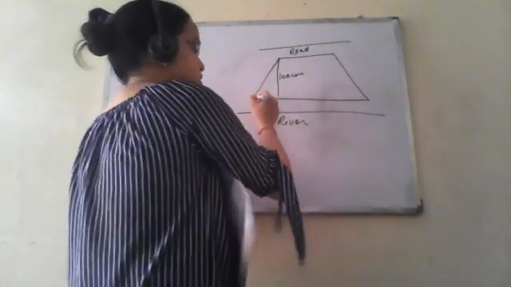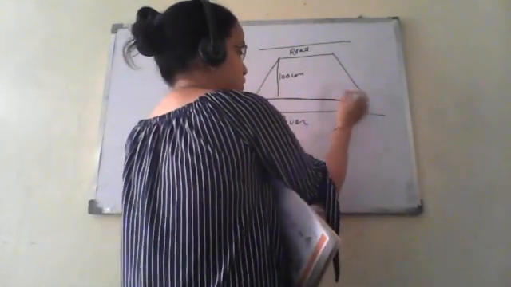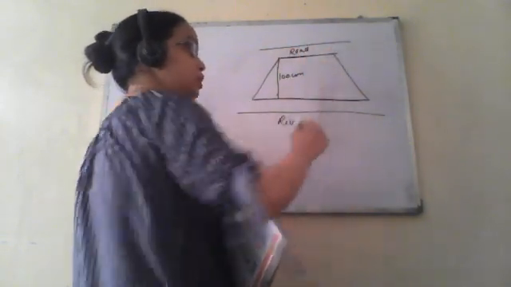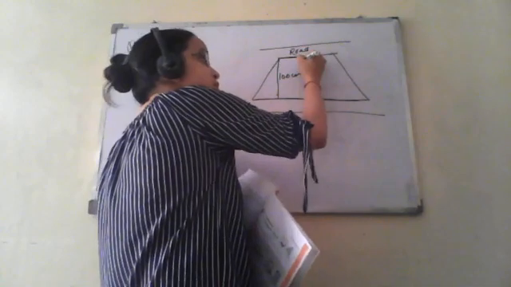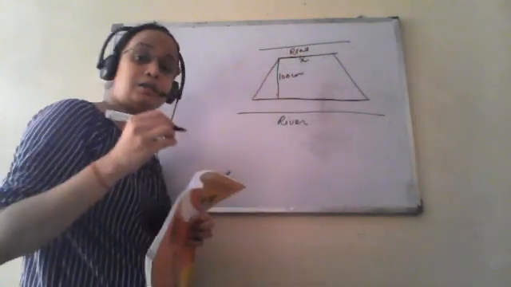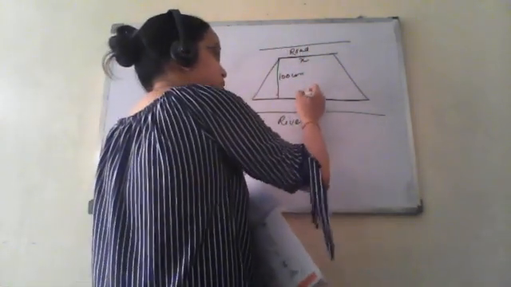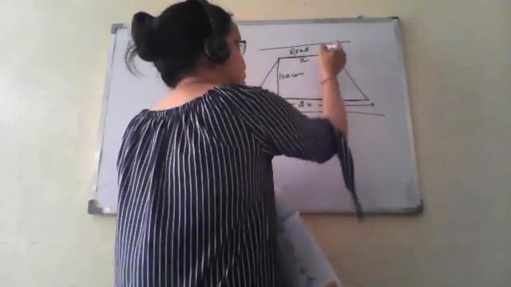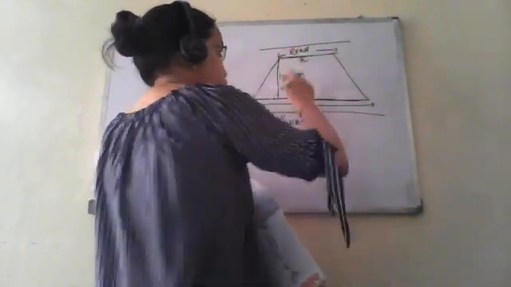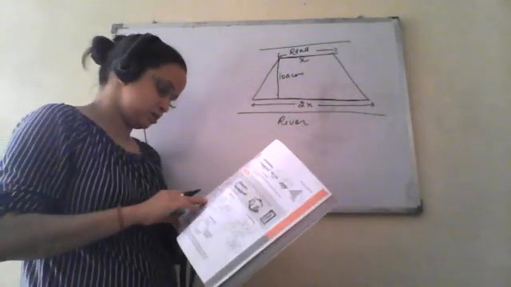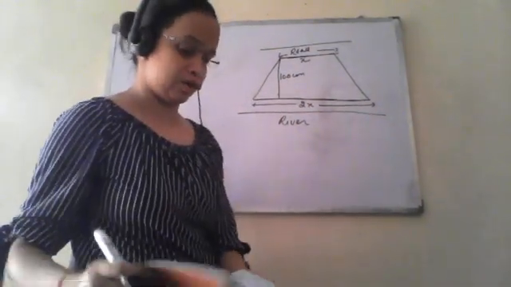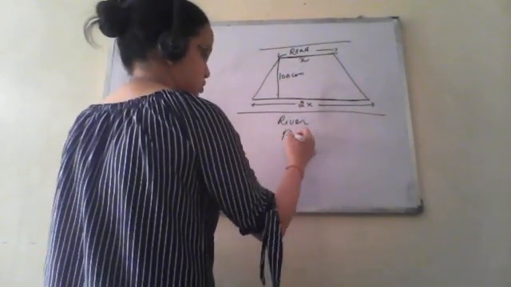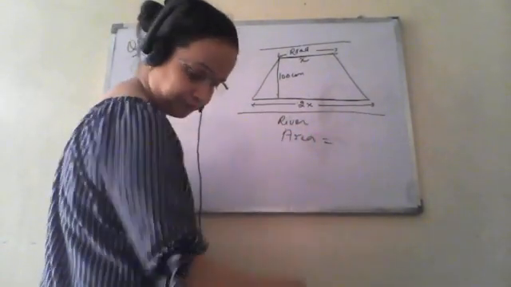So this side which is along the river side is twice this side which is along the road side. Suppose this road side length is x, so the river side length will be 2x. That means this complete distance will be 2x and this distance will be x. So we have to find the length of the side along the river, and its area is also given to us.